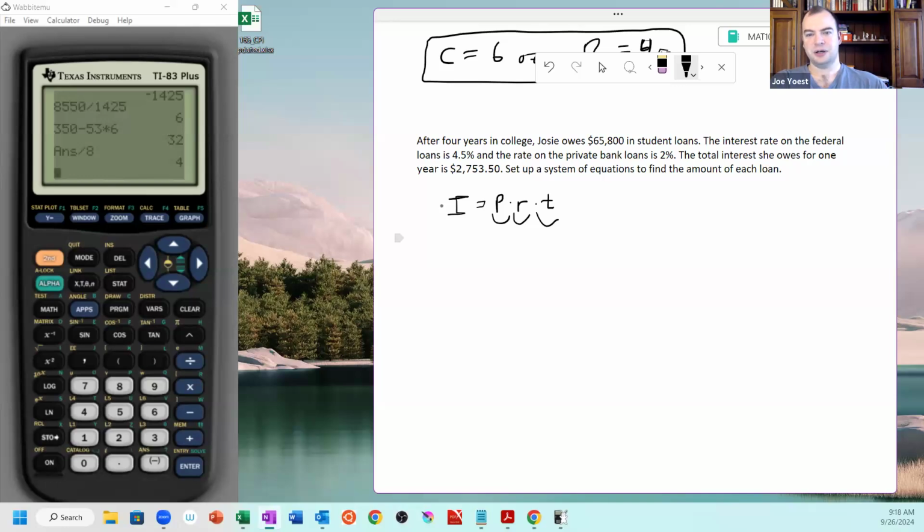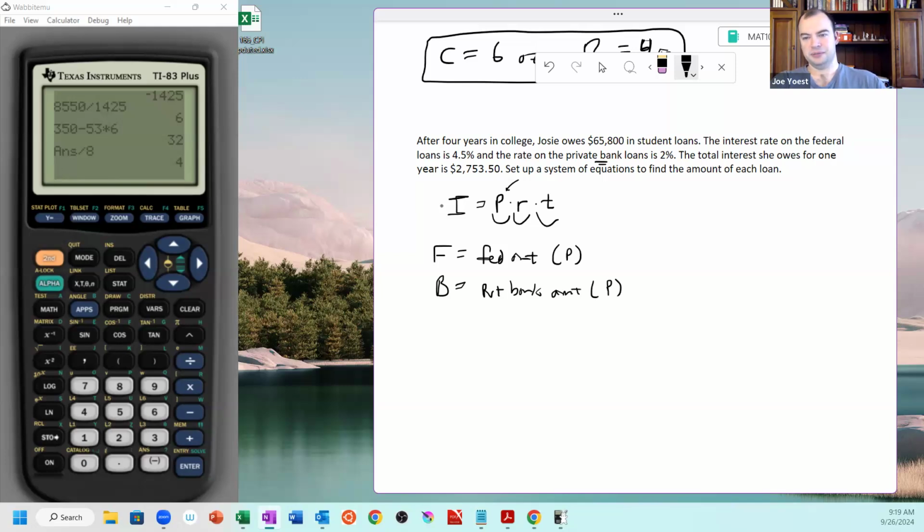Okay, so let's call the two loan amounts F for the federal amount, in other words, the principal for the federal loans, and for private, I kind of don't want to call it P because I've already used P. Maybe I'll call it B for bank. The amount that's owed to the private bank, that's the principal owed there.